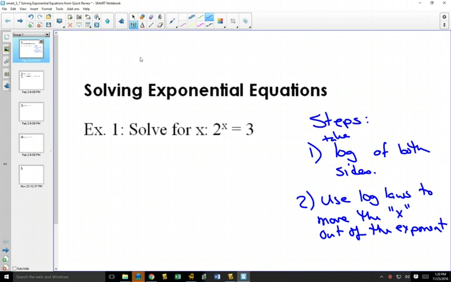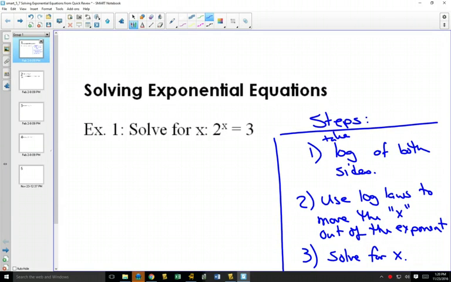Once we've moved our x out of the exponent, then we are going to use our regular algebra to solve for x. But in some cases, we're going to have to use factoring and algebra techniques like that. So these are basic steps that we're going to take for solving exponential equations.